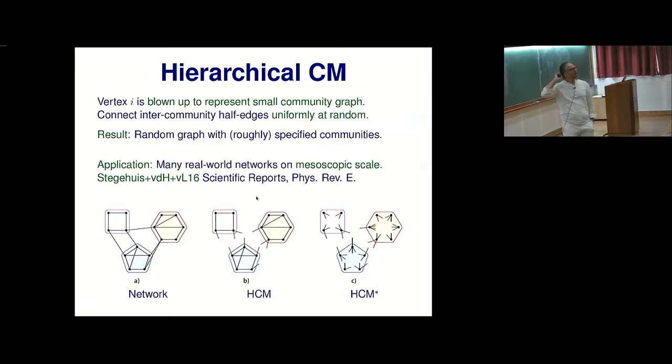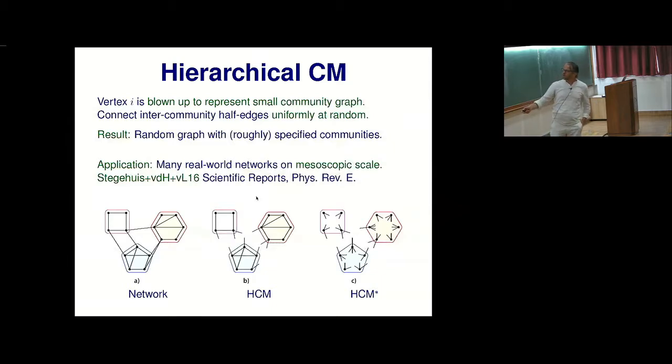That's the term that has been phrased by the physicists. So rather than looking at the configuration model as being a description for, let's say, the individuals and their interconnections, what you could think about is having a model for communities and then having connections between the communities governed by the configuration model. And that's what the hierarchical configuration model does.